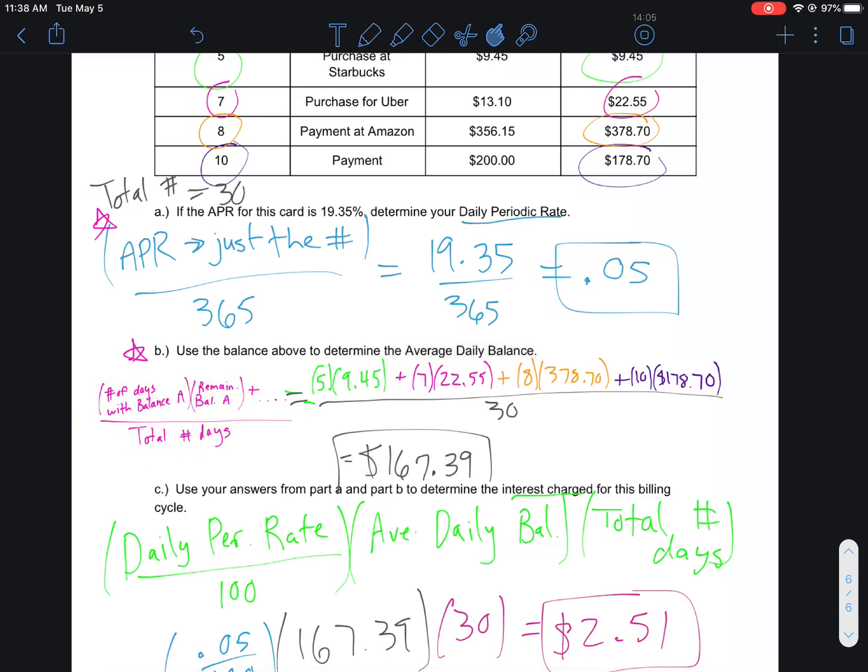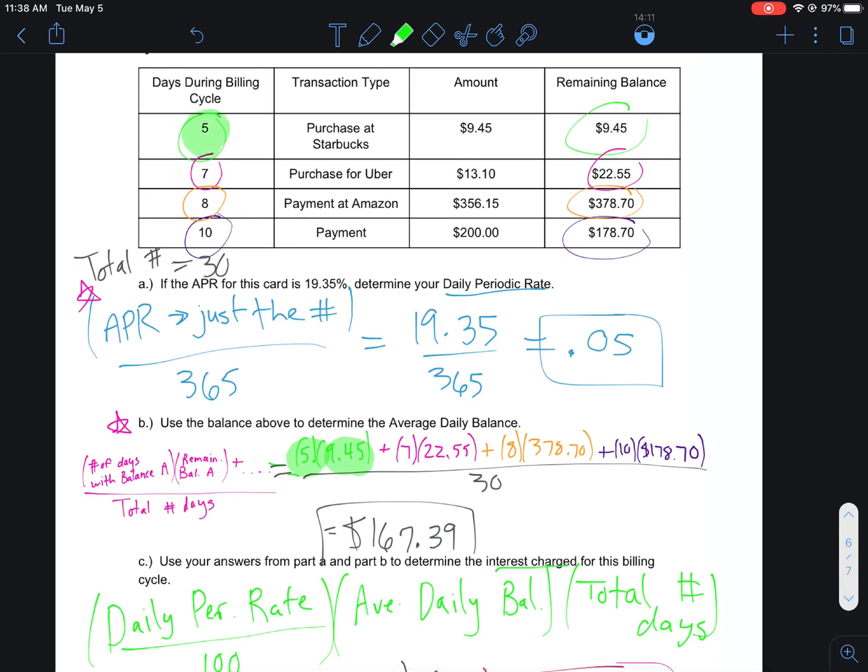So what I mean by that, if you look here, you can see the first one, 5 times 9.45. So that's like saying there were 5 days when you had a remaining balance of $9.45. Okay? Then, if you keep going, there were 7 days when you had a balance of $22.55. Just like there were 8 days you had a balance of $378.70.